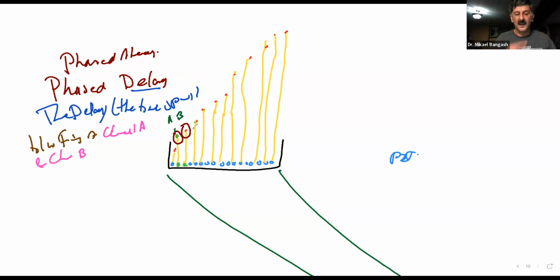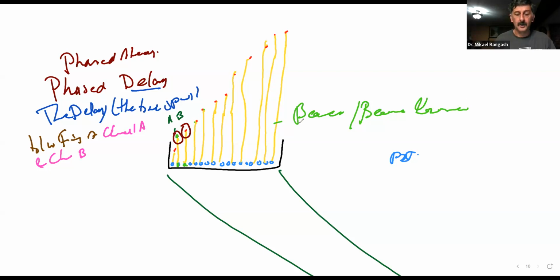Here we just say electrical source, but where all this is actually being controlled is at the beamer, or what we'll also call the beam former.